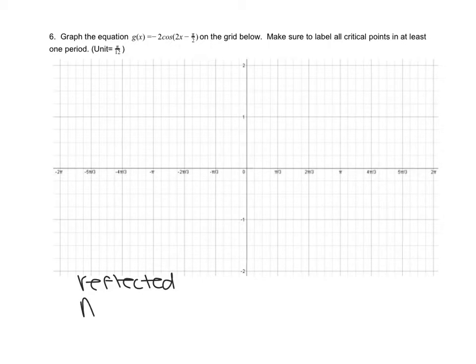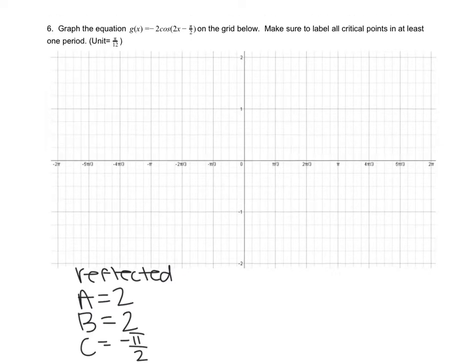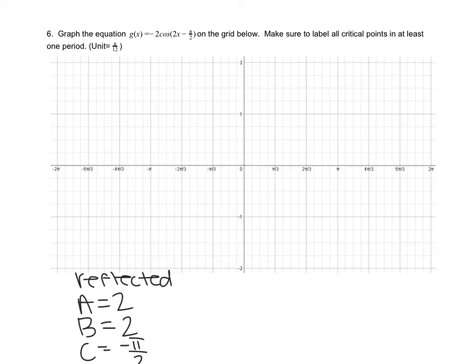The 2 out in front tells us that A is 2. We know B is also 2 since that is the number in front of x. And we know that C is negative pi over 2. So these are going to help us determine the period and the phase shift for our graph.